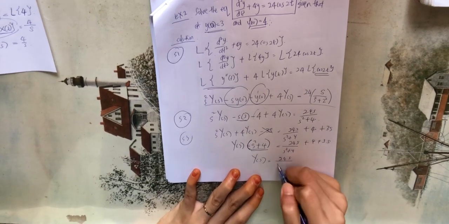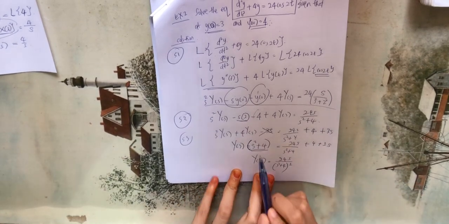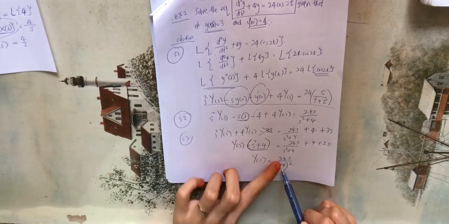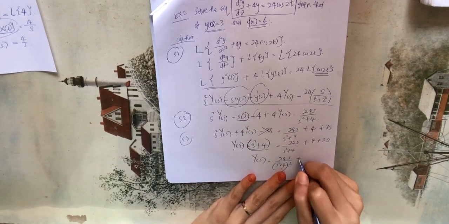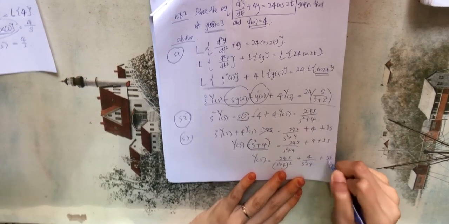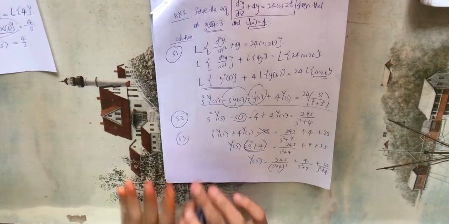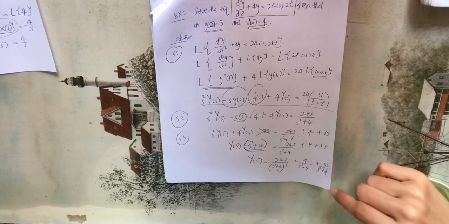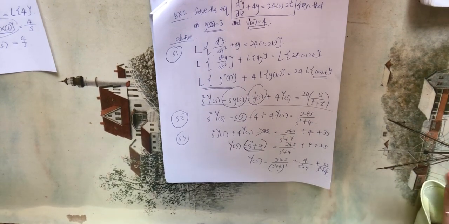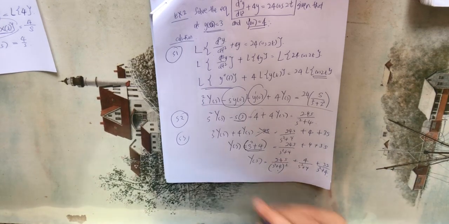So 24s over s squared plus 4 power 2. Why power 2? Because you already bring this s squared plus 4 to the right hand side, so it means that it's power 2. And then plus 4 over s squared plus 4 and plus 3s over s squared plus 4. So step number 3, you will leave it until here: Y(s) equal to 24s over s squared plus 4 squared plus 4 over s squared plus 4 plus 3s over s squared plus 4.